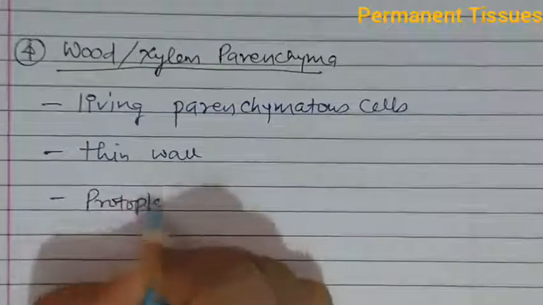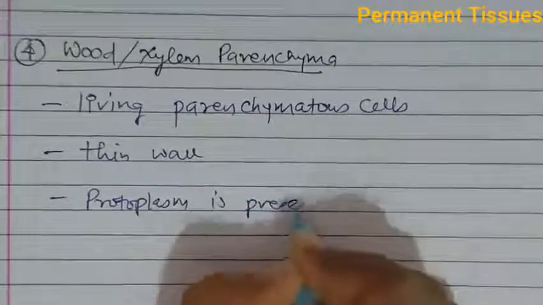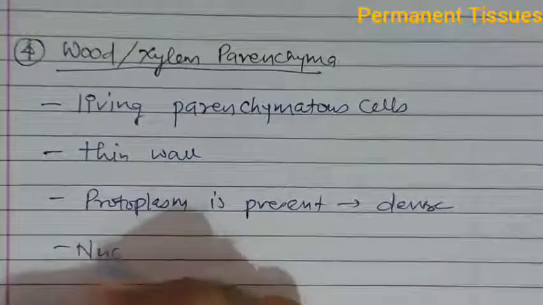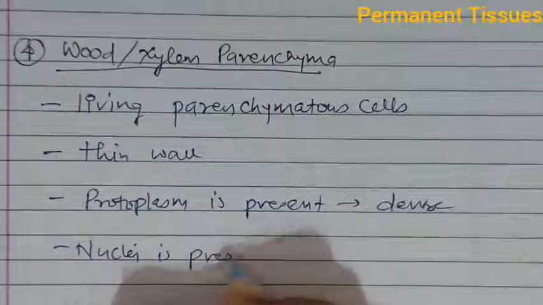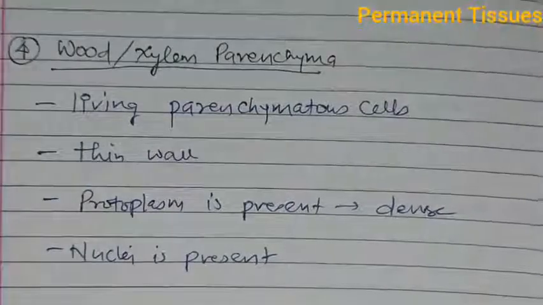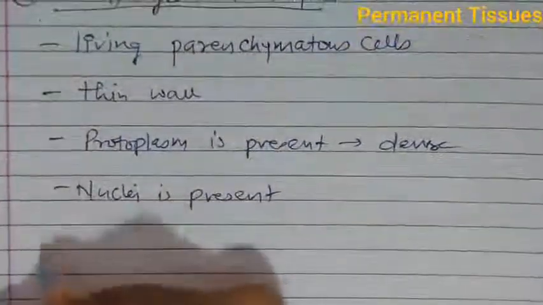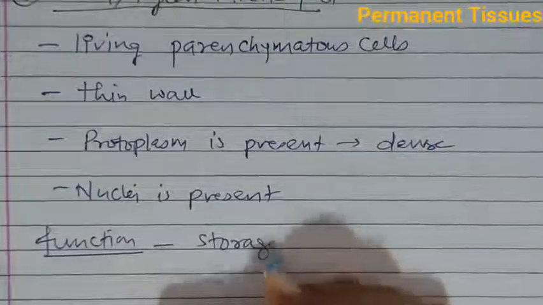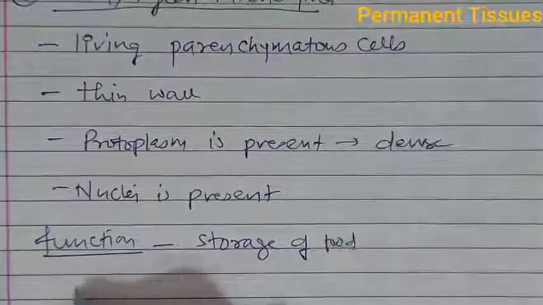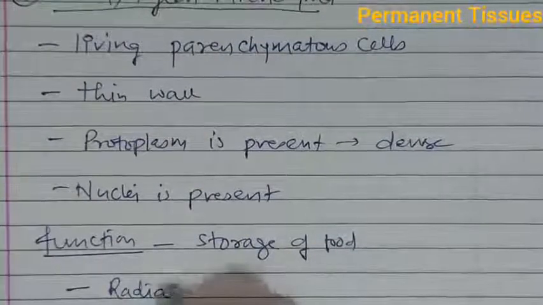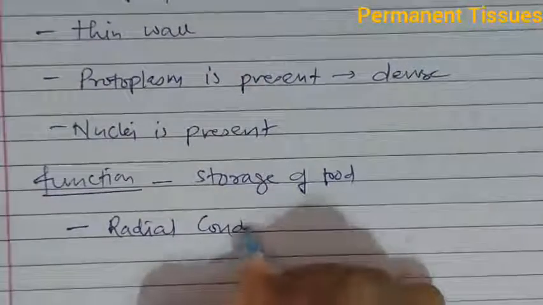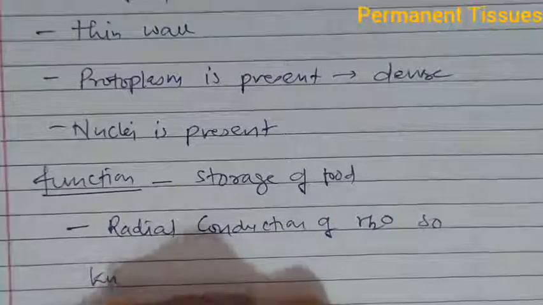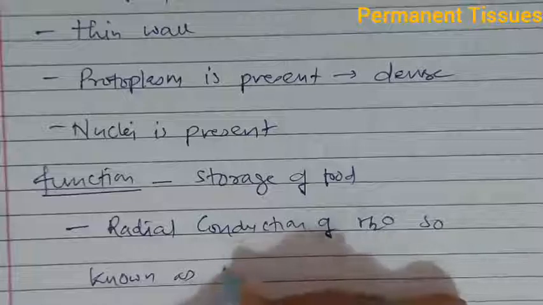Protoplasm is present, and that is dense. Nuclei are present. Okay, if we talk about function, they carry out storage of food, and one more thing, they carry out radial conduction of water, known as ray parenchyma.